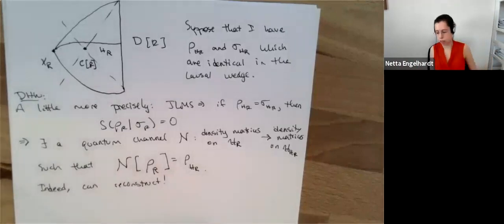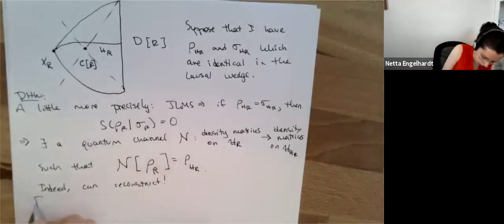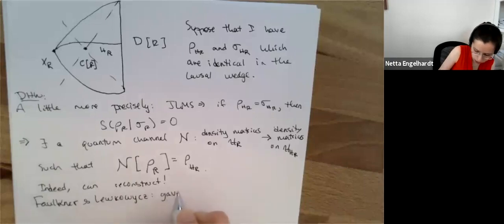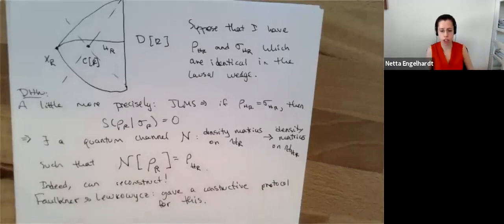In fact, Faulkner and Lewkowycz actually gave a constructive protocol for this. It's sort of inspired by HKLL, but everywhere where you would normally use the boundary Hamiltonian, you end up using the modular Hamiltonian.